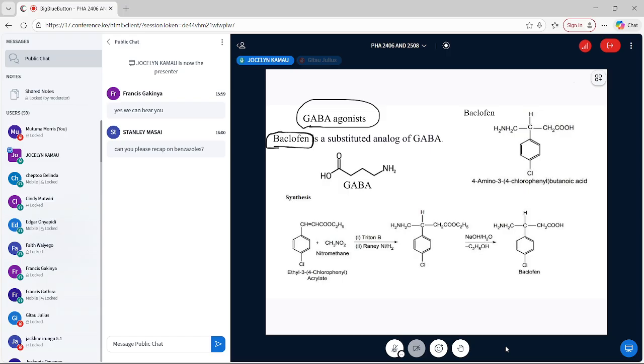And when you look at baclofen, you can see indeed it is a substituted gamma aminobutyric acid. This is the structure of gamma aminobutyric acid. That's the amino group, that is alpha, that is beta, that is gamma.